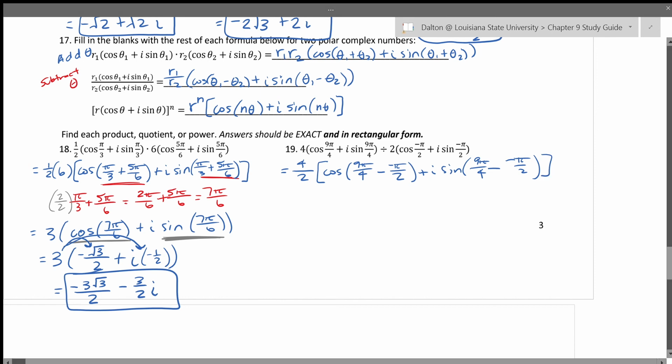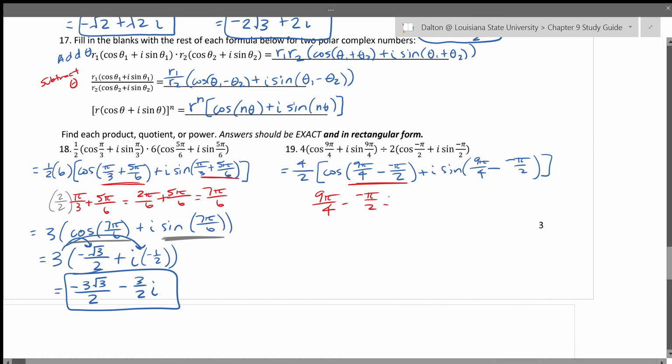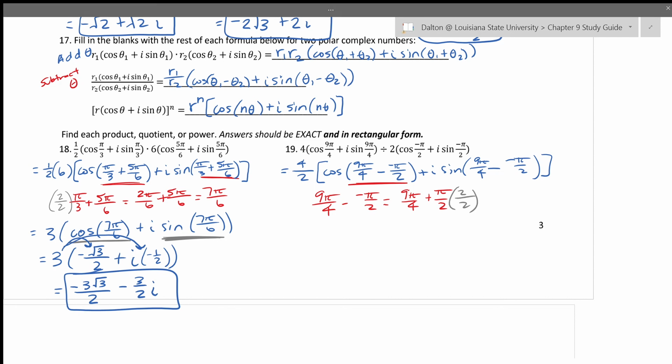So we're going to go off to the side and actually do this subtraction: 9 pi over 4 minus -pi over 2. First of all, we need to realize that this is going to change to 9 pi over 4 plus pi over 2. And then if I want to add these fractions, I need a common denominator. So I'm going to multiply pi over 2 times 2 over 2.